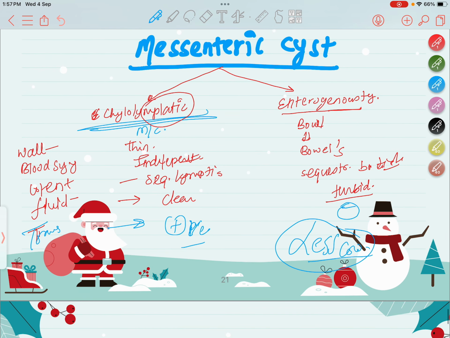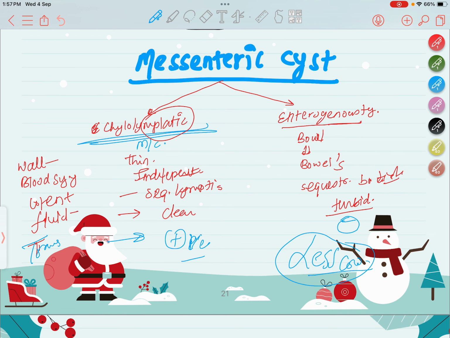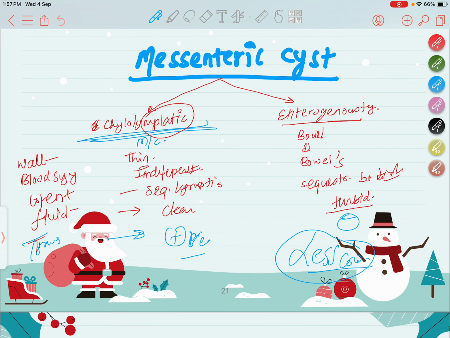So mesenteric cysts are of two types, chylolymphatic and enterogenous. Chylolymphatic mesenteric cyst is more common. It has its own blood supply and sequestrated lymphatic tissue, it is thin, and the fluid is clear, giving a positive transillumination test.